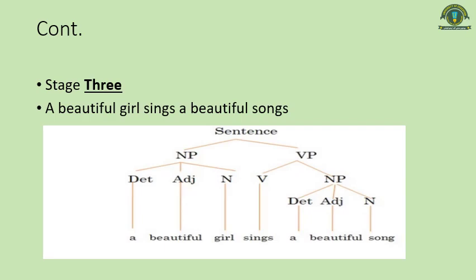A determiner, beautiful adjective, song noun. Again, a beautiful song, determiner, adjective, and noun, by joining together, are making a noun phrase. And a verb and a noun phrase, by joining together, are making a verb phrase. And a noun phrase and a verb phrase, by joining together, are making a sentence.